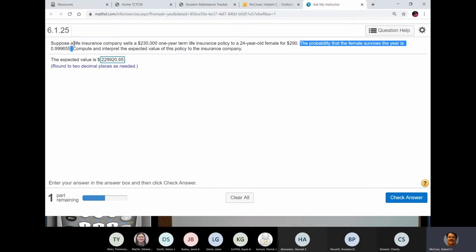So that leaves, suppose a life insurance company sells a $230,000 one-term life insurance policy for a payment of $290. So somebody tell me, as far as the insurance company's perspective, how does that look to the insurance company?